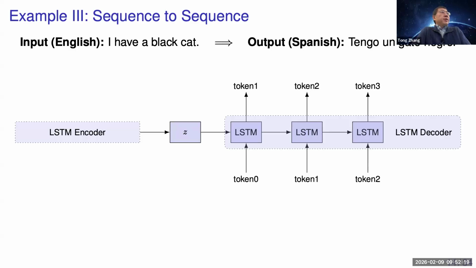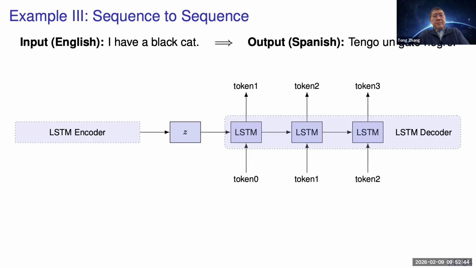So for the encoder, what you do is run an LSTM, because at that time there's no transformer yet, so we will do LSTM. So I have a black hat, right? This is an English sentence. Then essentially we just encode that sentence into a vector.